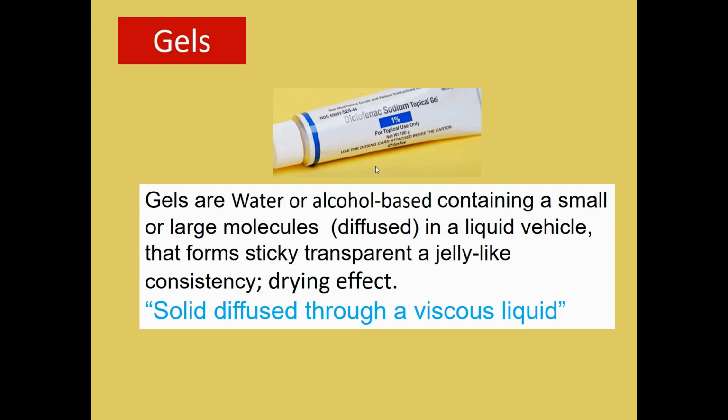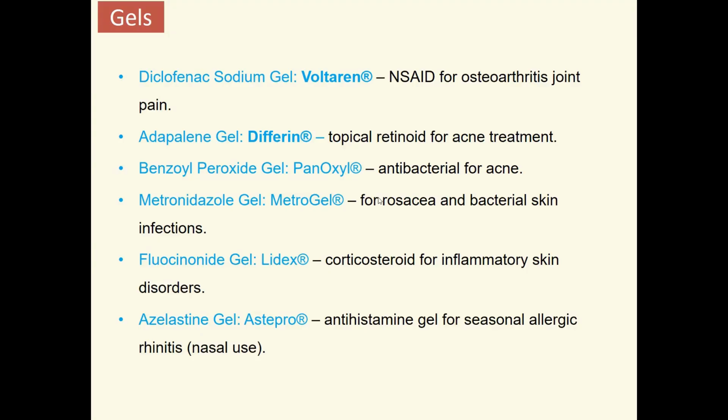Next, gels. Gels are solids diffused through a viscous liquid. Basically, they are sticky, transparent, with a jelly-like consistency, and they have a drying effect. Best examples of gels are diclofenac sodium gel, brand name Voltaren, for arthritis; adapalene gel, Differin, for acne; benzoyl peroxide for acne; and metronidazole gel for rosacea or skin infections.